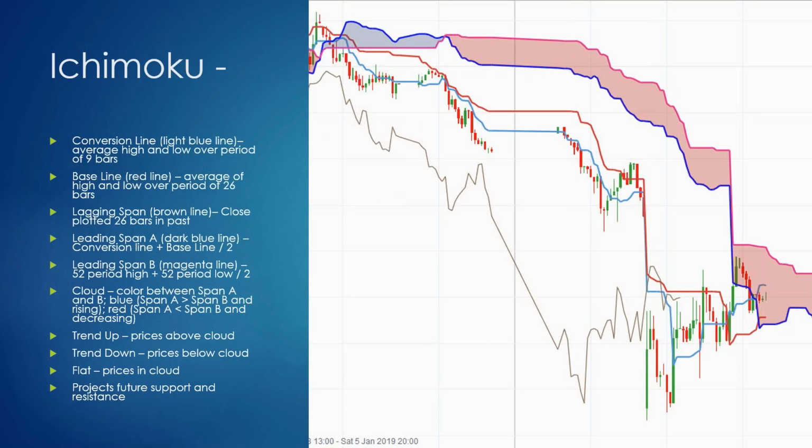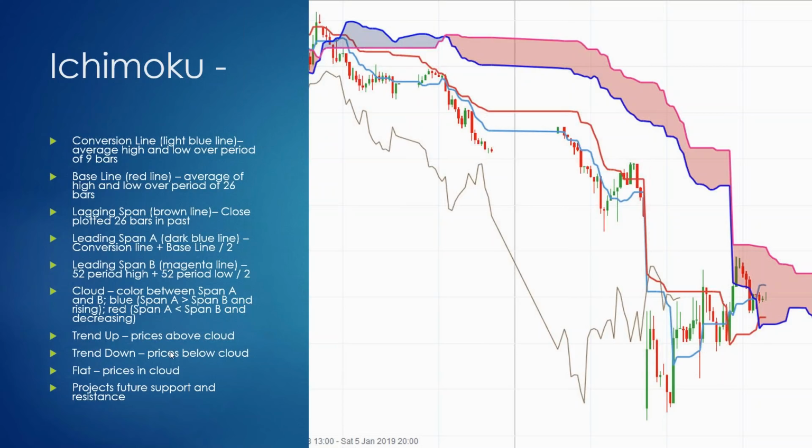If price is trading below the cloud, it is considered a downtrend. When you have the price in the cloud, it's considered a flat area, and a lot of people say it will project the future support and resistance areas.